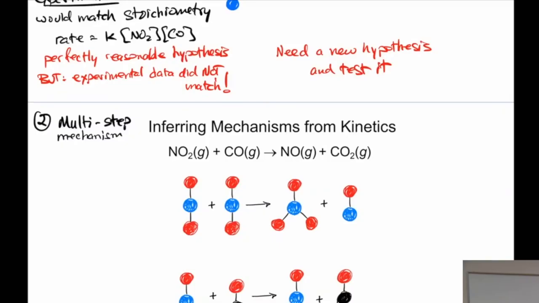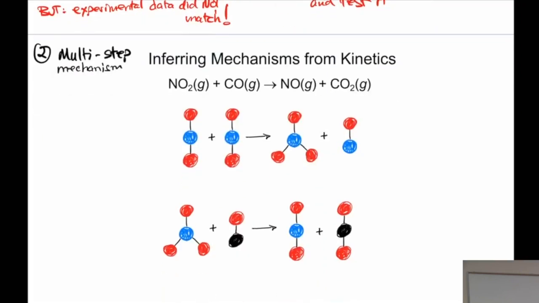It's just consistent with it being correct. So let's come up with a multi-step mechanism. Now, in each multi-step mechanism, each step is an elementary step.